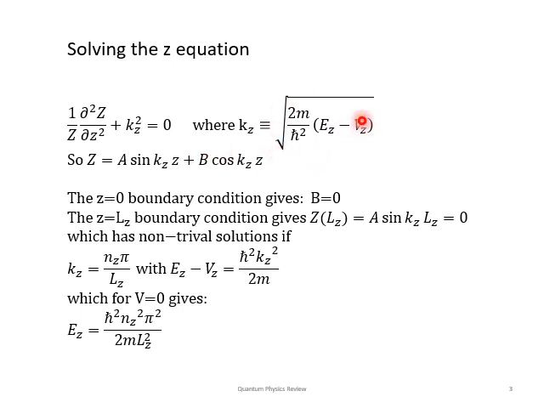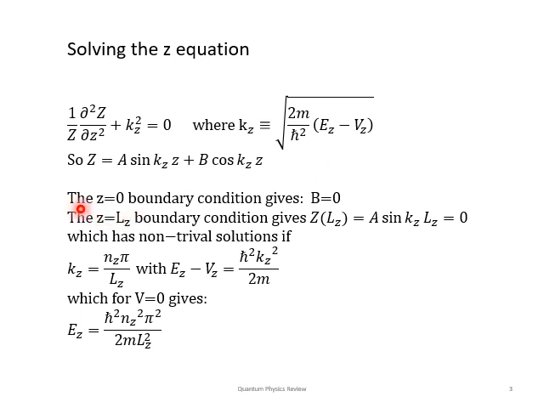So this has units of inverse length. And then for this particular problem, the solutions are harmonic functions, or exponentials if you like, but I chose harmonic functions in this particular case. A constant times sine kz z, and another constant times cosine kz z. And the constants here will depend, and kz will depend, upon our boundary conditions.